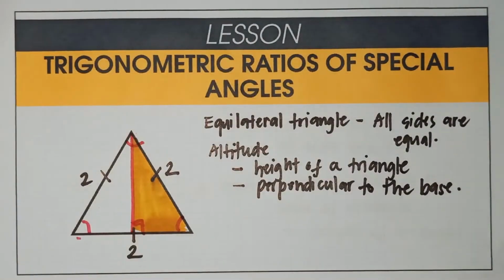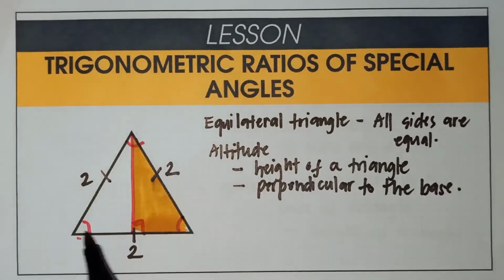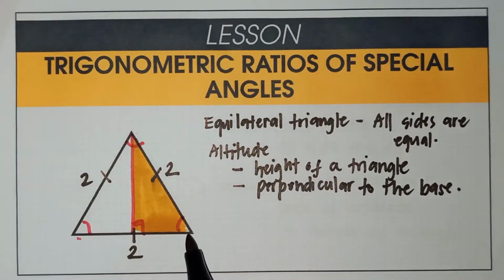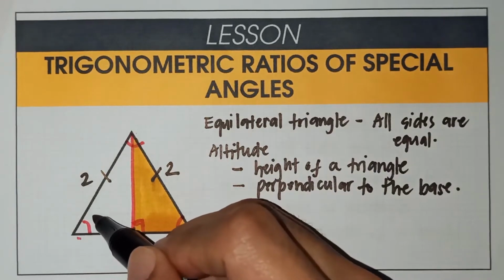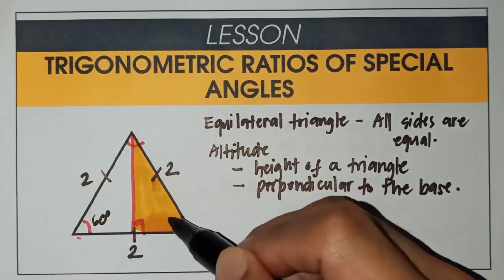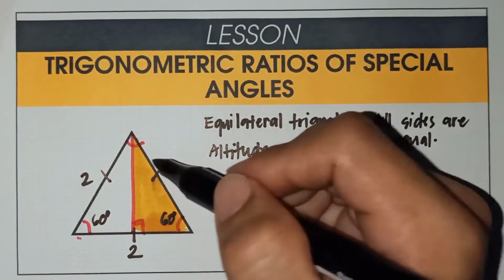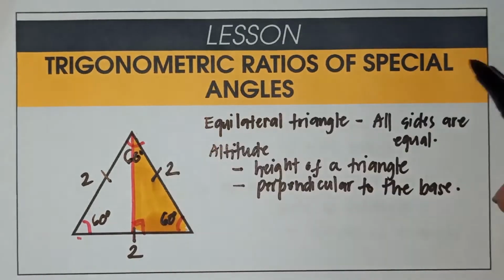Since all of the given angles are equal, and the sum measure of all angles is 180, as we divide them by 3, this is now 60 degrees, and the other one is 60 degrees.